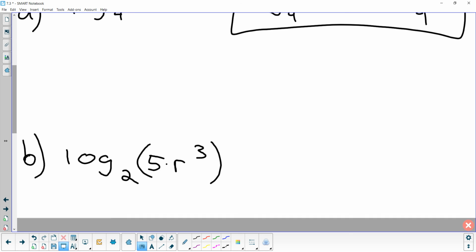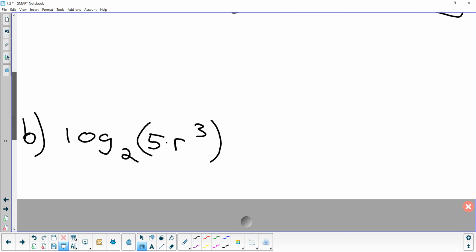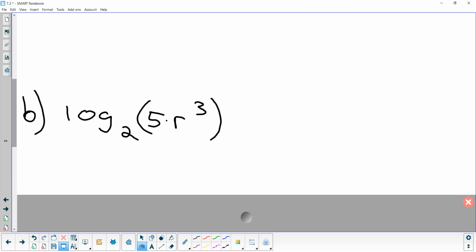All right, let's try this one. Log base 2 of 5 times r cubed. All right, so Lacey, what operation am I doing between the 5 and the r cubed? Aren't you just multiplying? Yeah, we're multiplying 5 times r cubed.